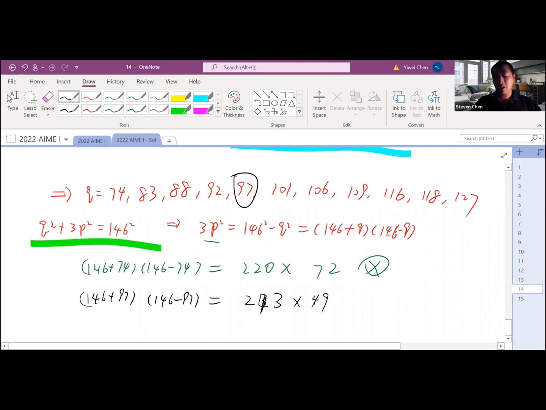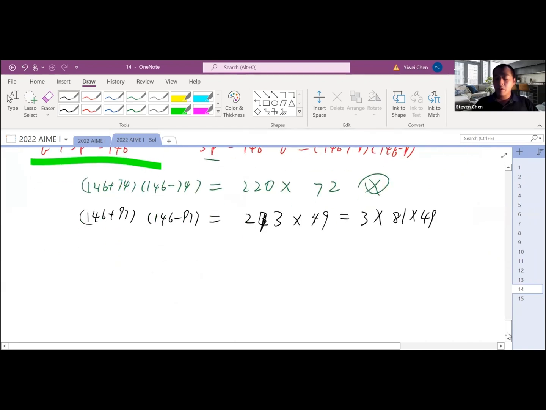Yeah, this is correct. So let's see why it could be written as 3p squared. We need to first take out 3. Then the first term is 81, the second term is 49. Oh, now it is so obvious. 81 is 9 squared, 49 is 7 squared. So it's equal to 9 times 7 squared, so 3 times 63 squared. So we get p is equal to 63.